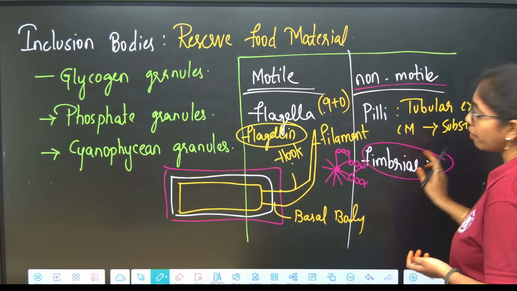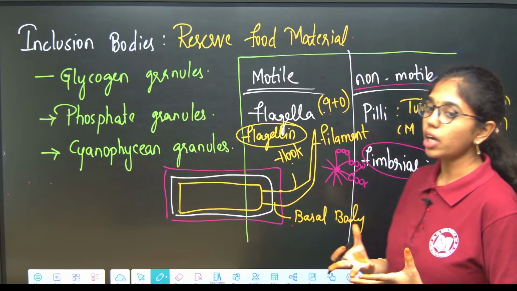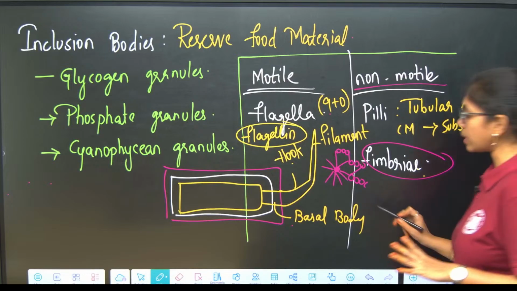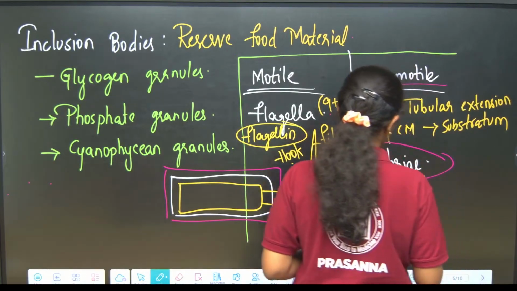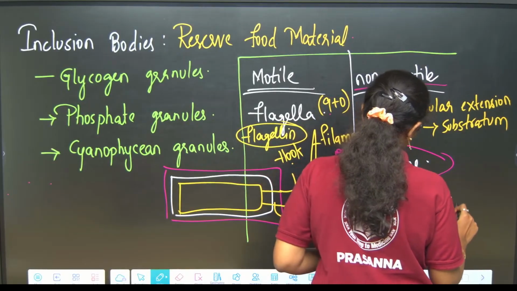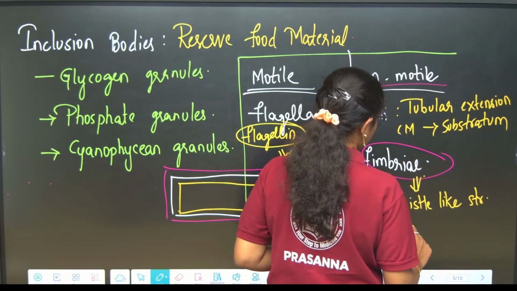Next is fimbriae. Fimbriae are nothing but bristle-like structures sprouting out of the cell. Okay. This also helps in what? Attachment to the substratum.